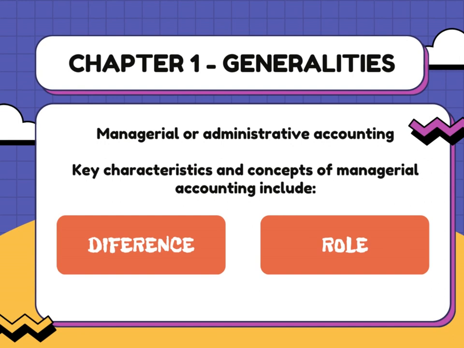Here's an analysis of the key differences between them: purpose, users, reporting time frame, and regulatory standards. Financial accounting follows GAAP and IFRS reporting standards, while managerial accounting has no mandatory standards. The nature of information and scope also differ.